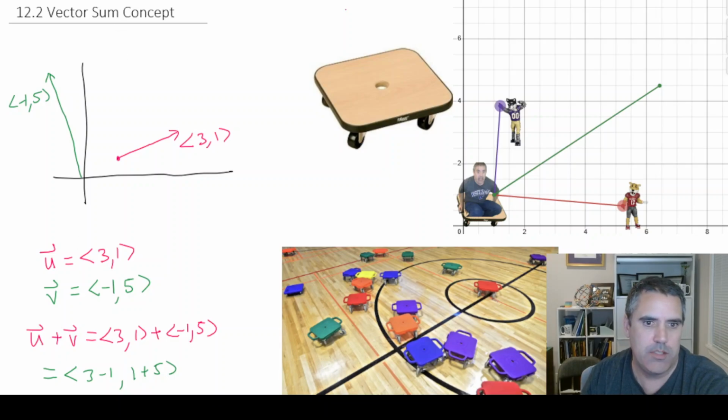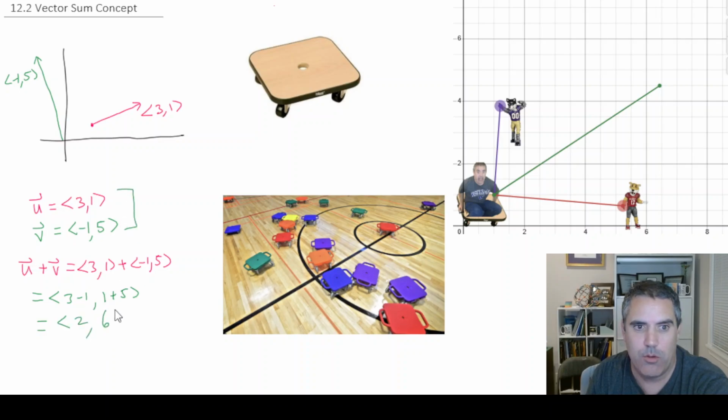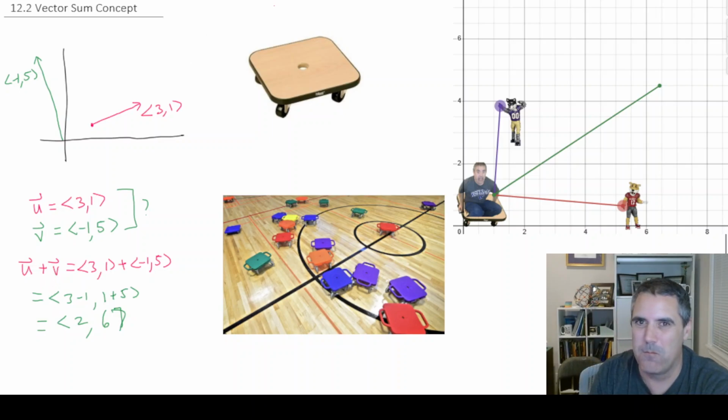It's just going to be 2, 6. That's it. So there's not really a lot going on here. It's fairly easy to execute. Oftentimes in practice, the hard part is getting the initial two vectors. You usually spend more energy in practice figuring these out, because once you have them, the adding piece is easier.